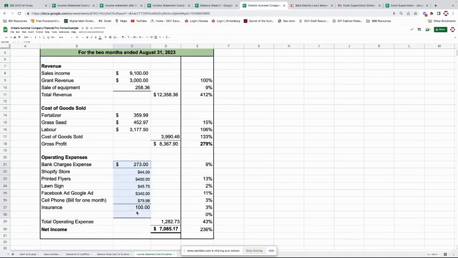So let's just make sure that it is all the same font, all the same size.